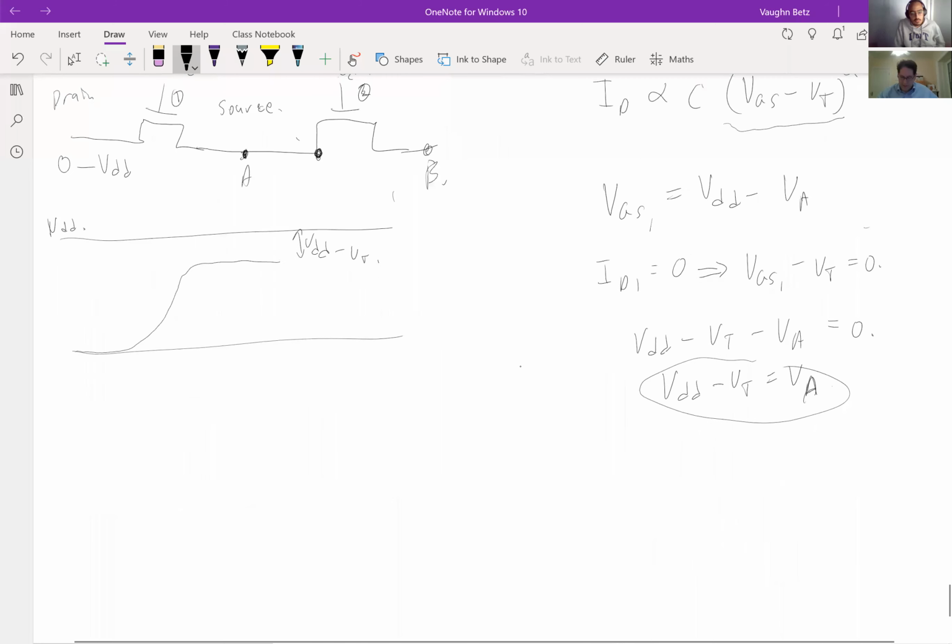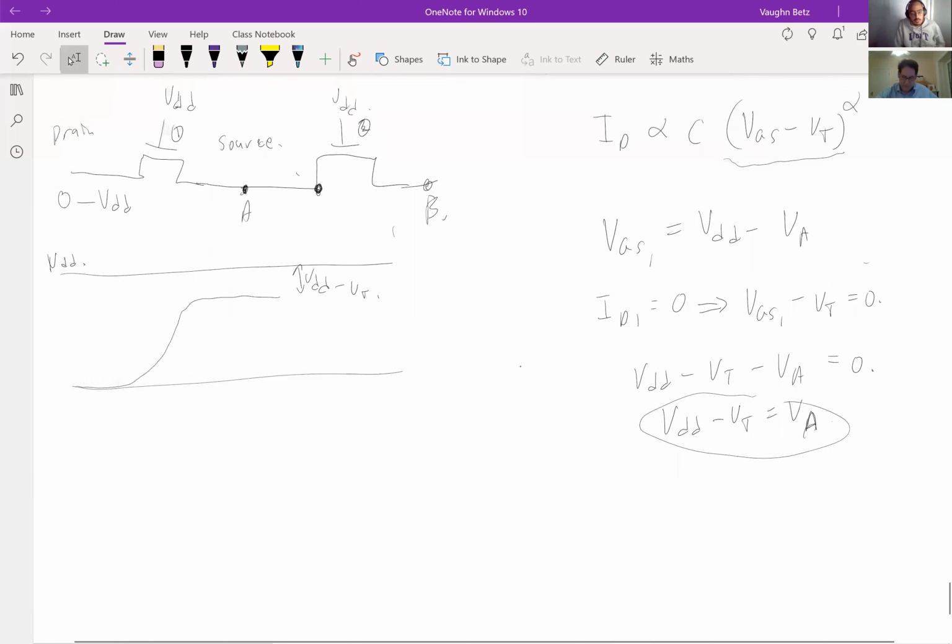Now let's look at what happens on transistor 2. This is at VDD minus VT, and we want to see what happens to voltage B. The drain current of the second transistor will be 0 when VGS2 minus VT equals 0.